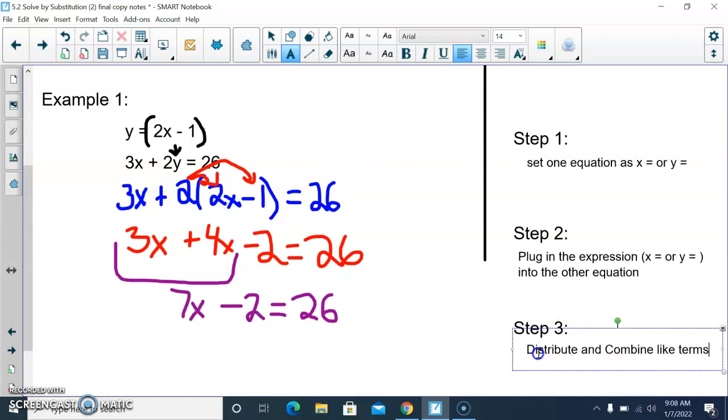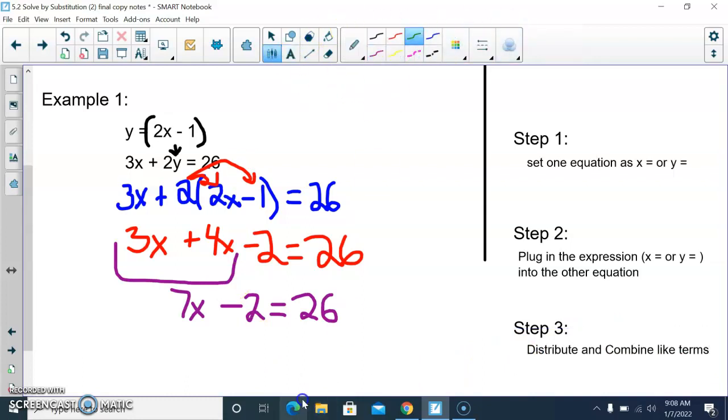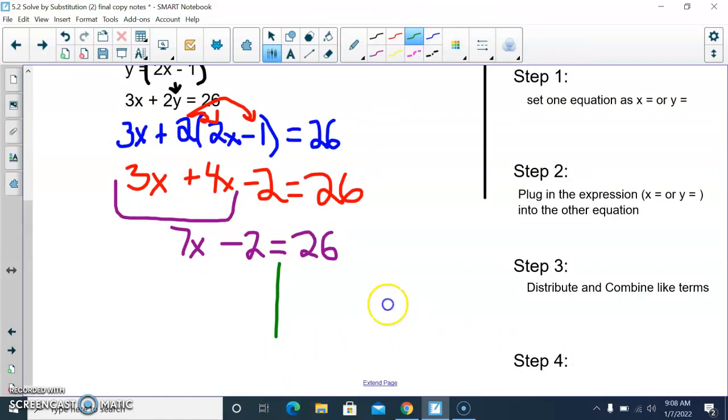combine like terms. From here, we're just solving a two-step equation, isolating our variable using the opposite operation. So I would add 2 and add 2 to each side. It cancels over here.